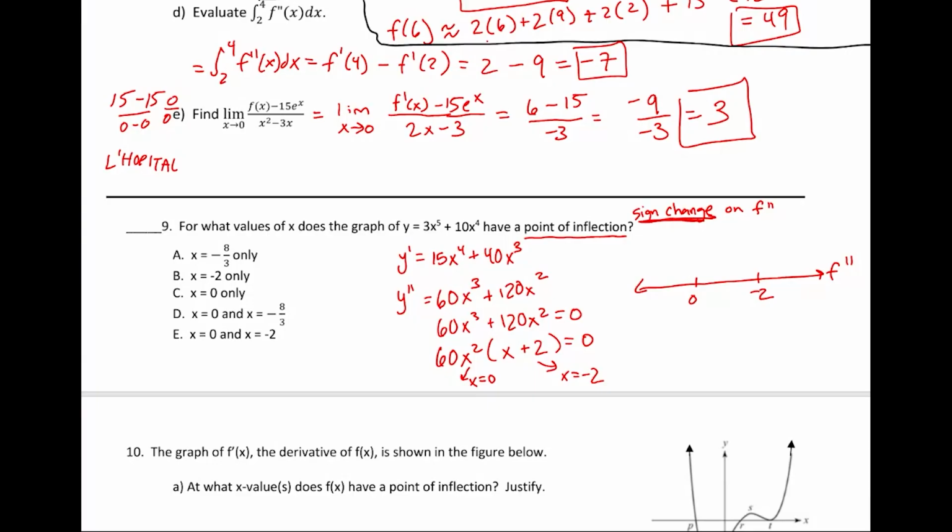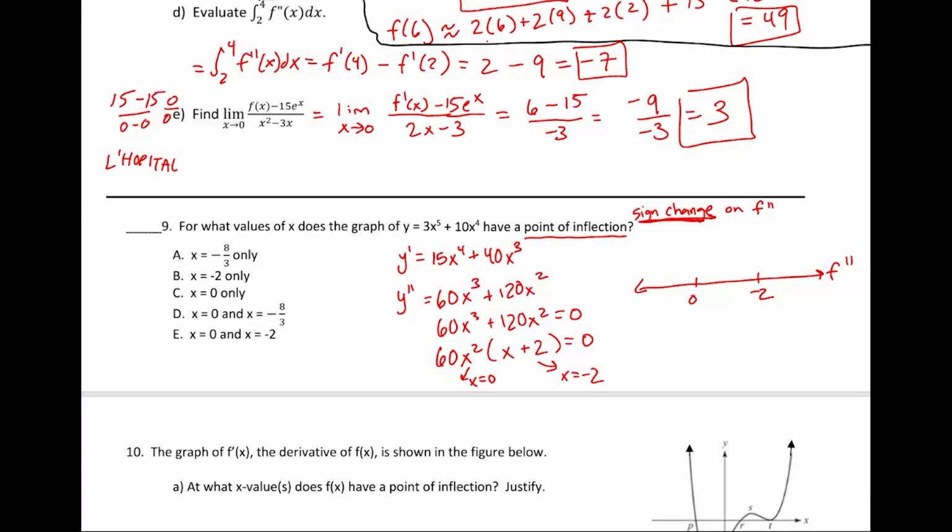Now, a little shortcut here is if you know your multiplicity rules, you know that the sign is not going to change if you have an even multiplicity. So as I go through this, I'm not expecting a sign change to happen at 0. I am expecting a sign change to happen at -2 because it doesn't have an even multiplicity. But let's just work it out and make sure that that's correct.